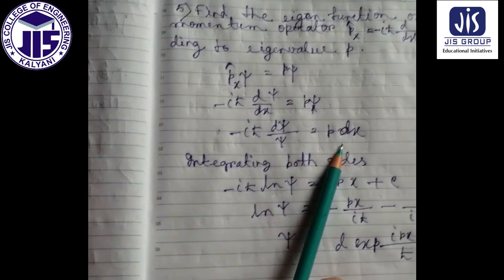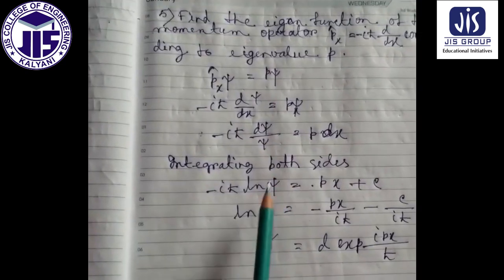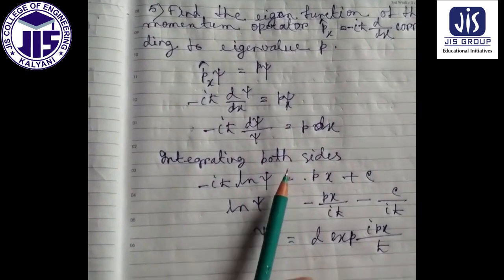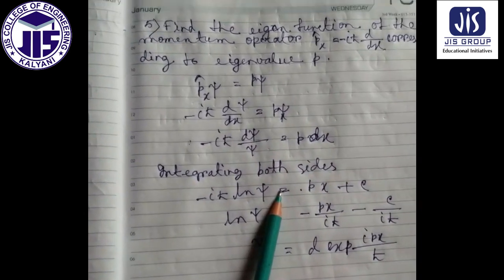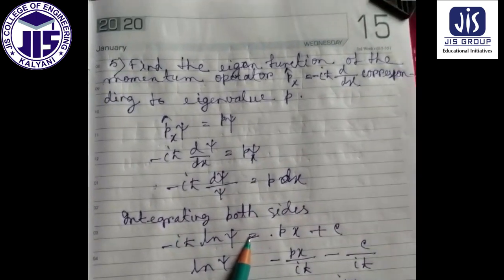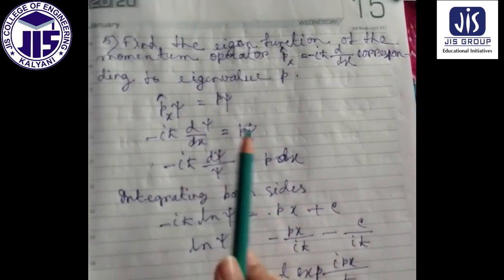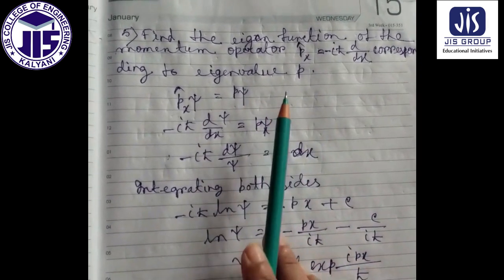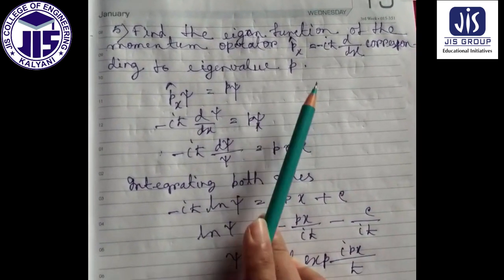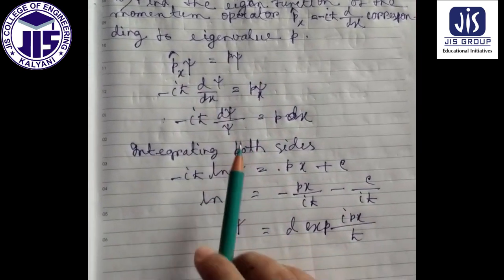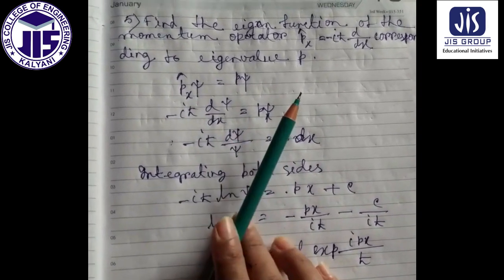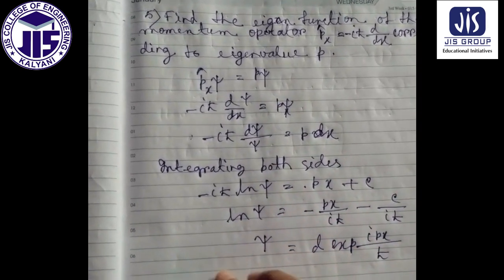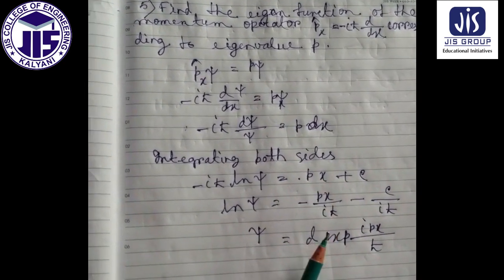Okay, so most of the time the eigenfunction has been given, but if any time we have to face this kind of problem where the operator is given and the eigenvalue is given, but the eigenfunction we have to find, then we have to use this method.